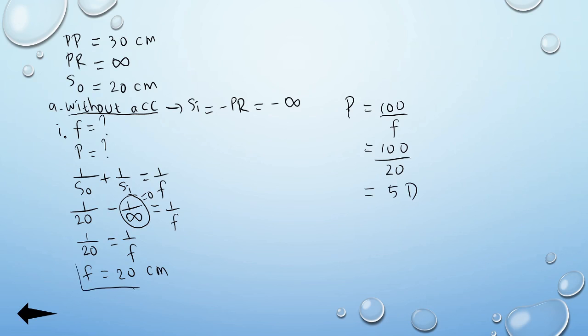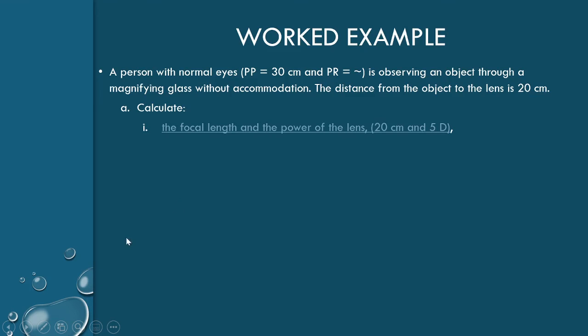These two answers match the answer key. Let's check again. The answer key: focal length equals 20 cm and the power of the lens equals 5 diopters.